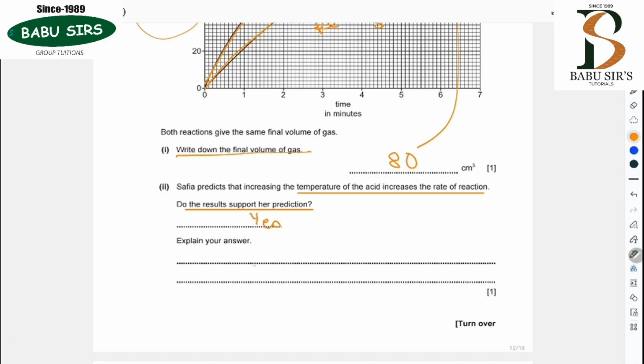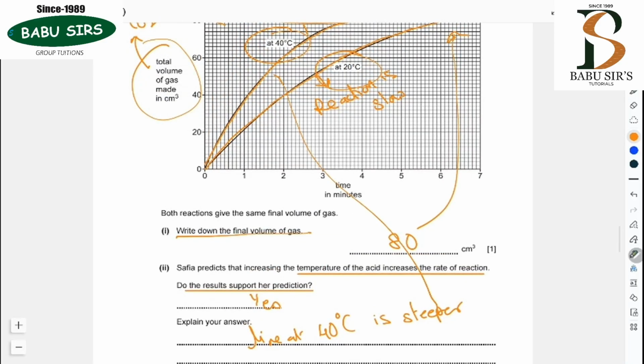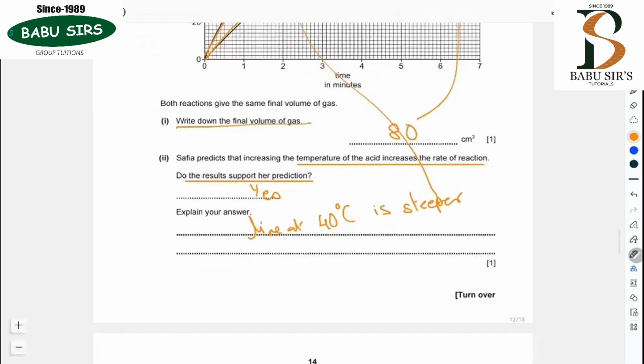Because you can see the line at 40 degrees C is steeper. Steeper means it is going more fast, and it is steeper than the line at 20 degrees C.